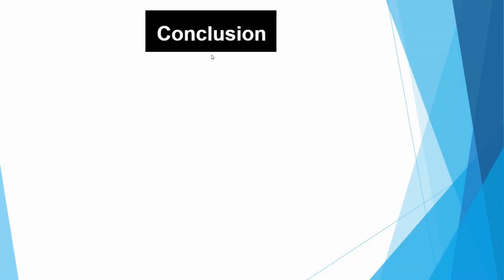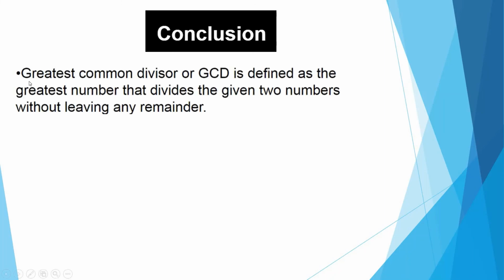Now let's have a quick recall of what we learned in this video. We have learned what a greatest common divisor is. Greatest common divisor, or GCD, is defined as the greatest number that divides the given two numbers without leaving any remainder.